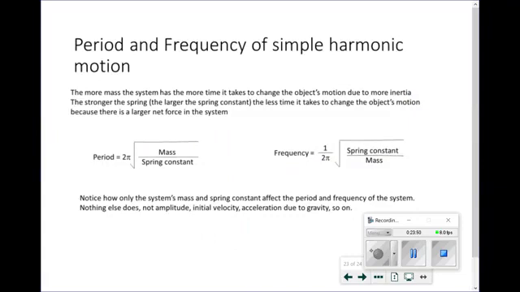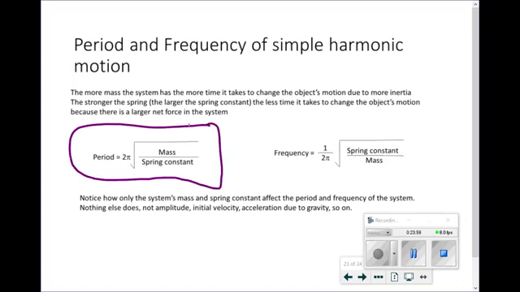And this is why when we calculate the period of a spring vibrating, we see an equation that has mass divided by the spring constant. The period of any vibrating spring system where the net force on the system is simply k delta x from equilibrium, we can see the period is equal to 2 pi times the square root of the mass of the object divided by the spring constant.